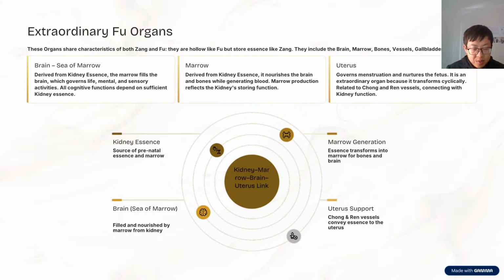And the uterus is responsible for menstruation and nurturing the fetus. Its function is closely related to the meridians, which provide blood supply and regulate the reproductive process.